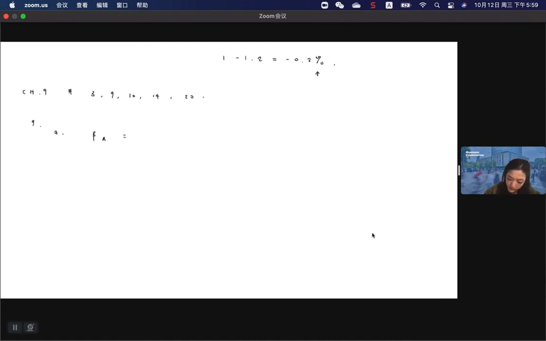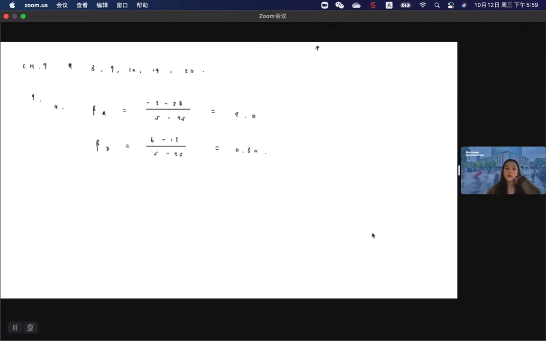Beta is the movement of the security over the movement of the market. So if we were to calculate beta, it should be calculated this way. This is 2.0. And beta for the defensive stock would be calculated similarly. So you can see that the defensive stock has a lower beta.